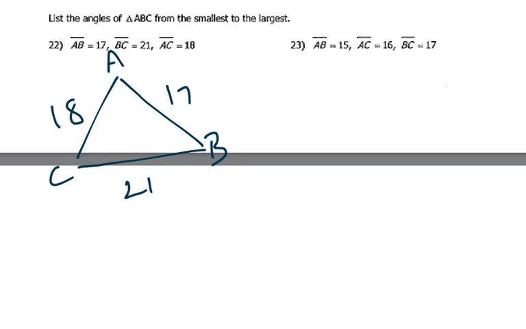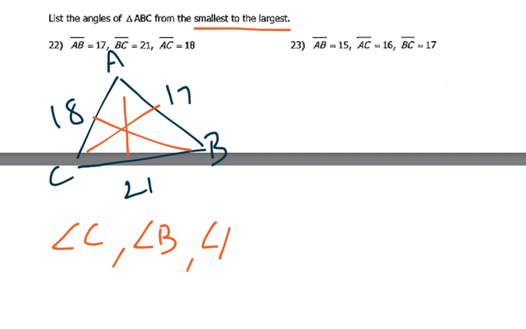And then, once I have it drawn, then it becomes very simple. It says smallest to largest. So 17 is the smallest, so angle C is first, and then angle B, and then angle A. But if you don't draw the triangle, I just don't see how you're going to be able to do it.